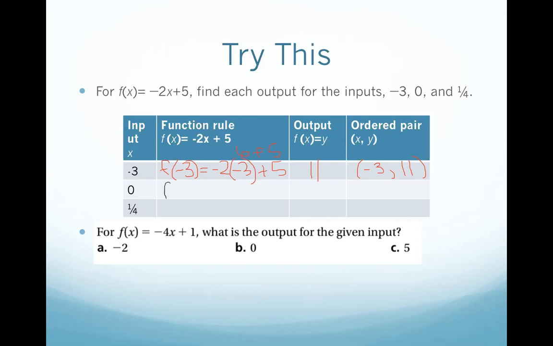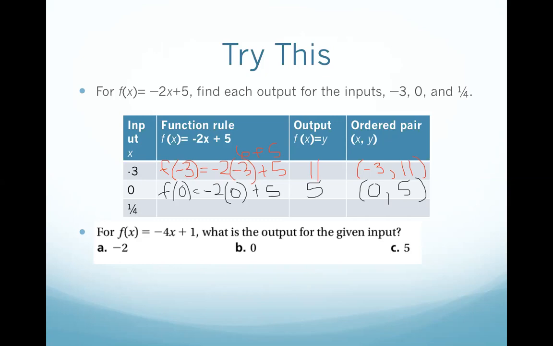So we have f of 0 equals negative 2, I've got another x there, so times 0 plus 5. Negative 2 times 0 is 0. Anything times 0 is 0. So then we have 0 plus 5 equals 5. If I have an input value of 0, my output value is 5. So I can write that as well as an ordered pair.